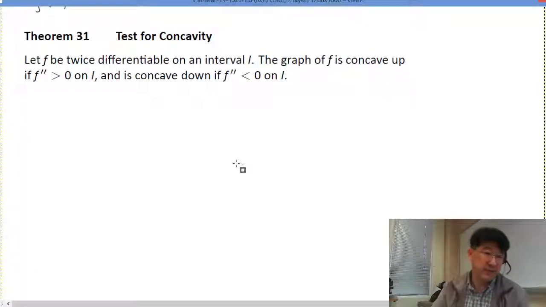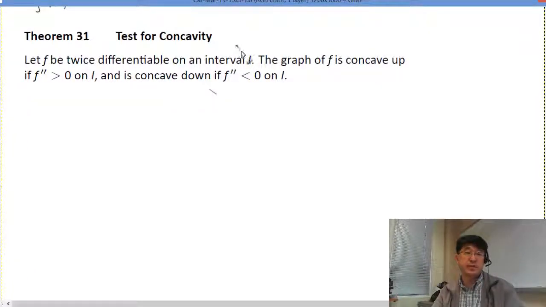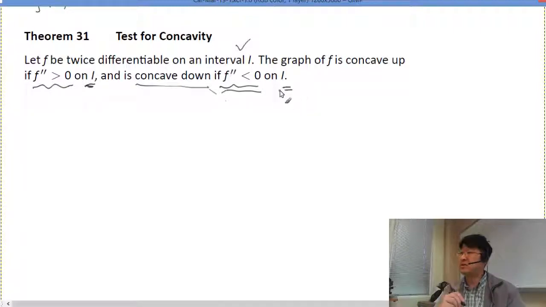Test for concavity. If f is twice differentiable on the interval, the graph is concave up if the second derivative on that interval is always positive, and concave down if the second derivative value is always negative on that interval. It's an important thing that you will be using all the time to conclude the graph is concave up or concave down.